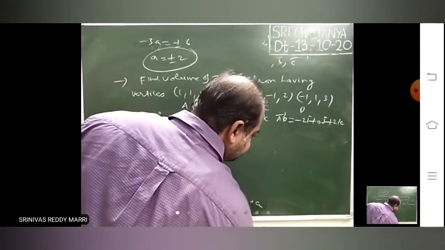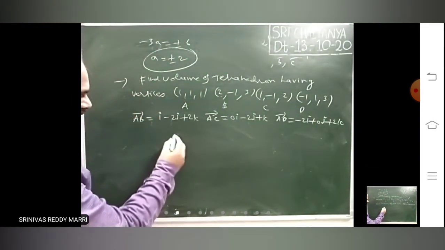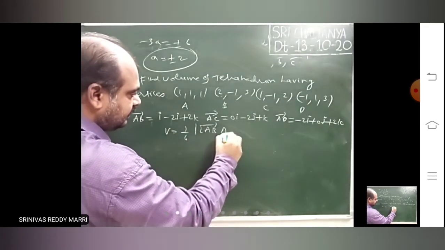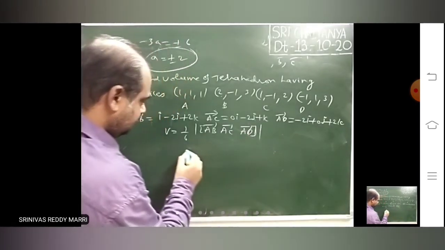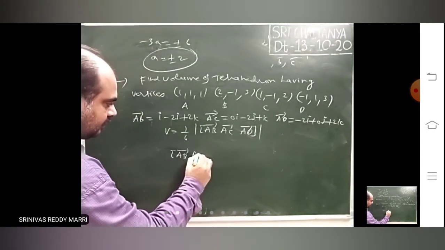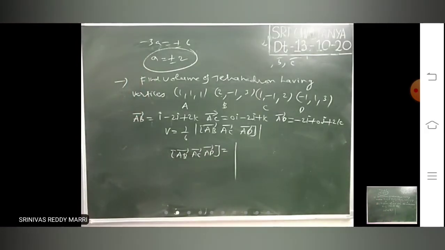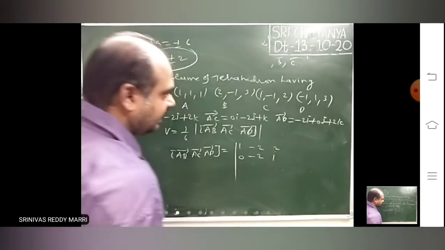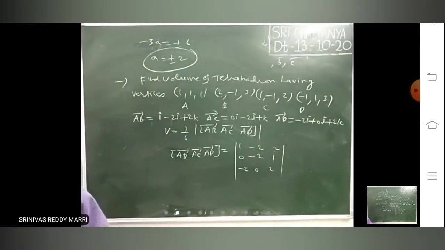If any mistake is there, try to raise your hand, because in the light, in some cases it will not be visible. Okay, volume is nothing but 1 by 6 into box of AB bar, AC bar, AD bar. I am calculating first the scalar triple product of these three vectors: 1, minus 2, 2; 0, minus 2, 1; minus 2, 0, 2.